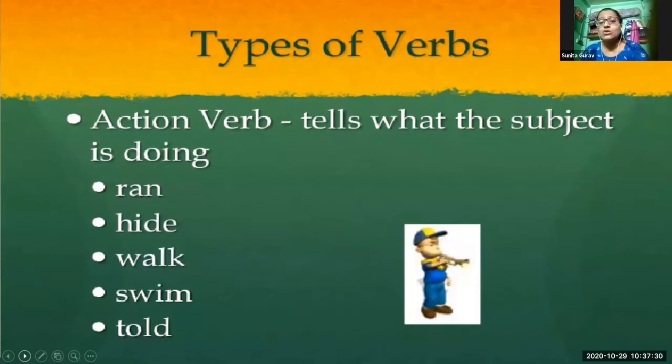For example, the main action that is denoted by the verb is called the action verb: to run, to hide, to walk, to swim, to tell, or to speak. These are all infinitives. They come under the action verb because they say the main action in the sentence.